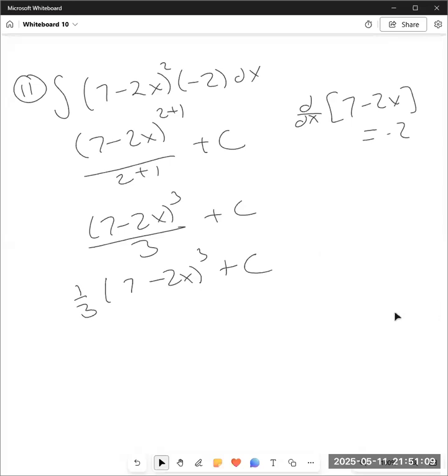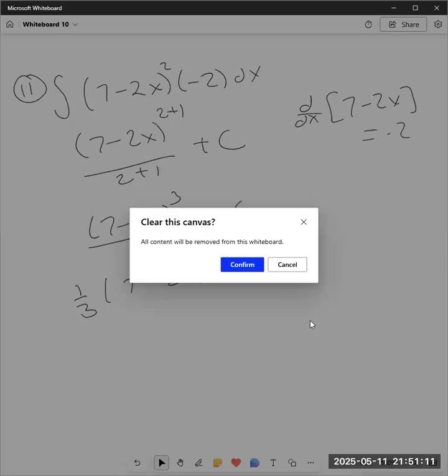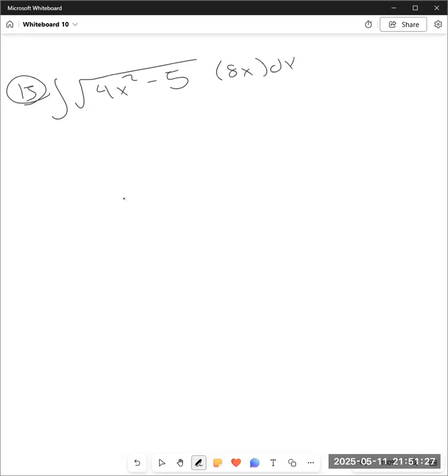Let's look now at number 15. Number 15 says integral of the square root of 4x squared minus 5, and I have an 8x dx. Let's just confirm that the derivative with respect to x of 4x squared minus 5 is 8x. Check.